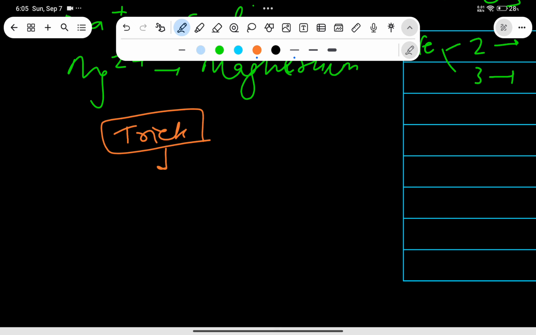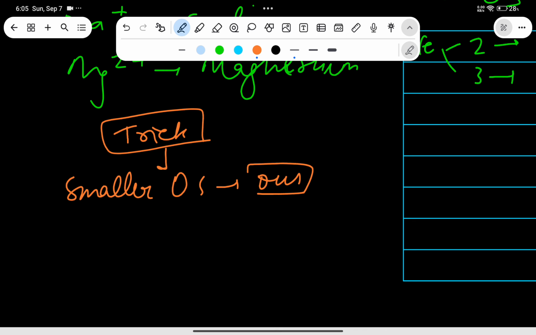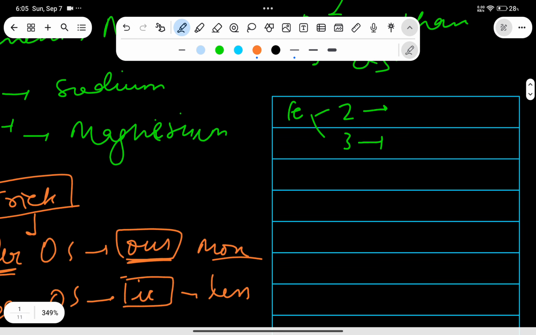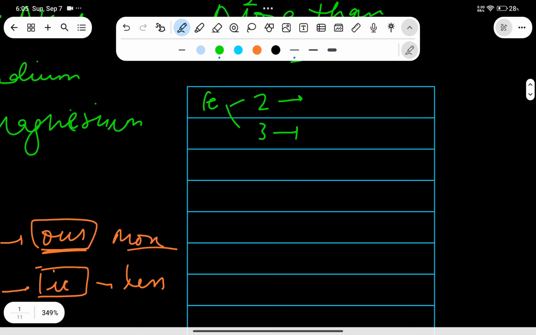If we have the smaller oxidation number for a given element, then we have the suffix ous. The oxidation number is smaller, but the number of letters in the suffix is more. By that analogy, you can understand this. For the larger oxidation number, you have the suffix ic, which has fewer letters. So you can form the analogy and complete your names.